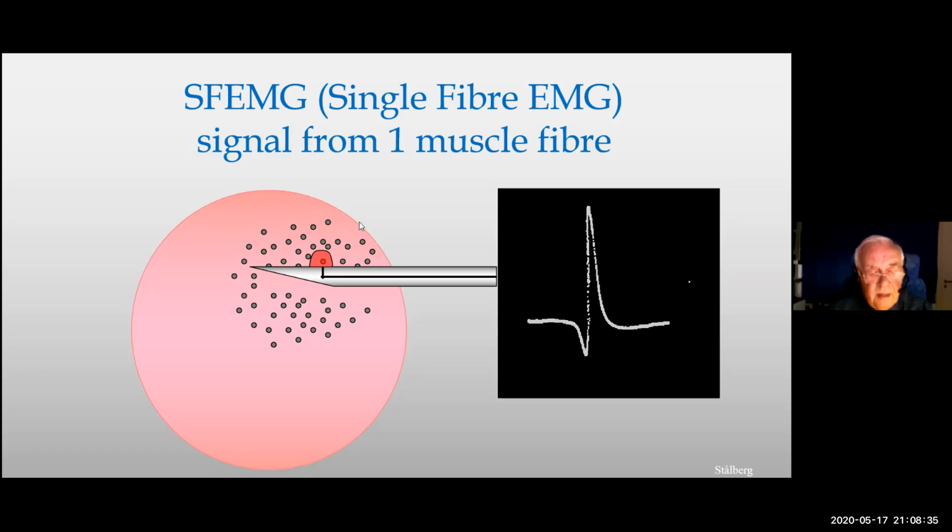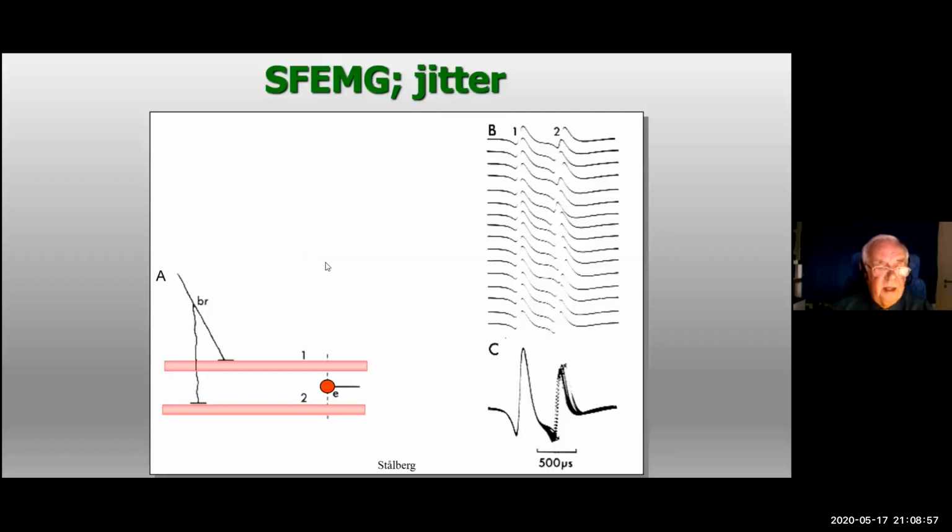So we favor the closest fibers, only 200 or 300 micron away from the electrode. So this is the technical principle, that we have a very small recording surface.